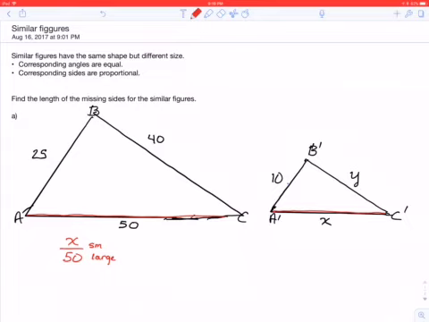Now to complete the proportion, I need another fraction of two other sides that correspond. But it needs to be small, again, over large, so I can be consistent. So 10 from the smaller figure corresponds to 25 from the larger figure.